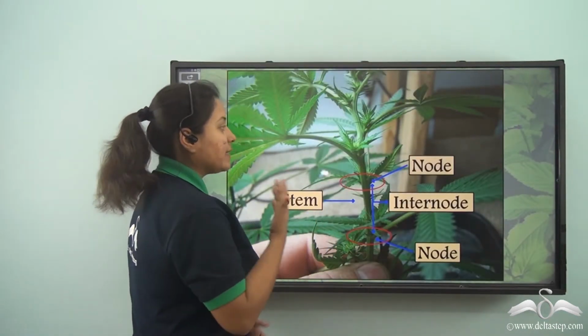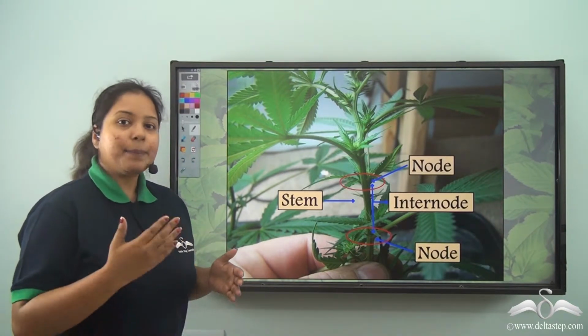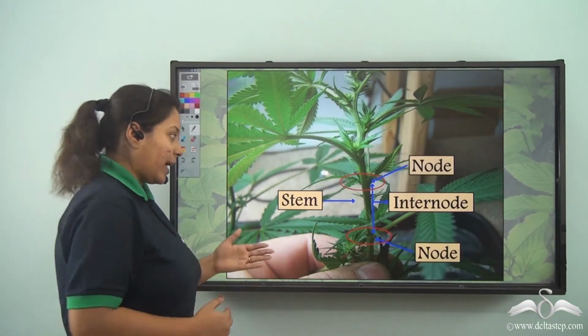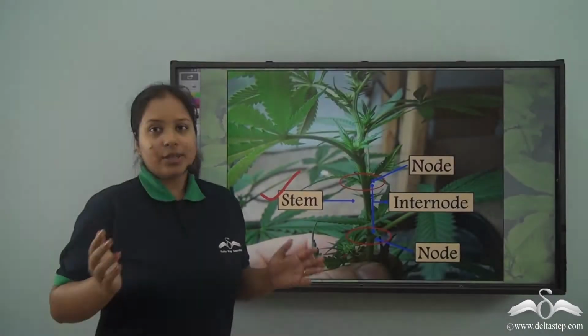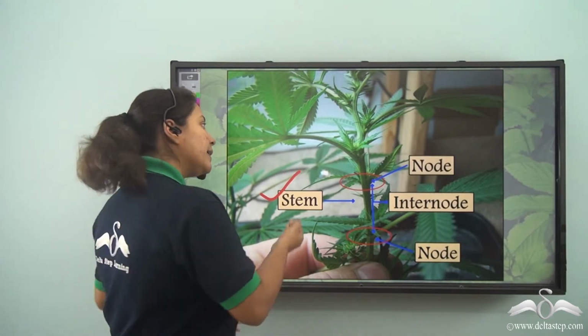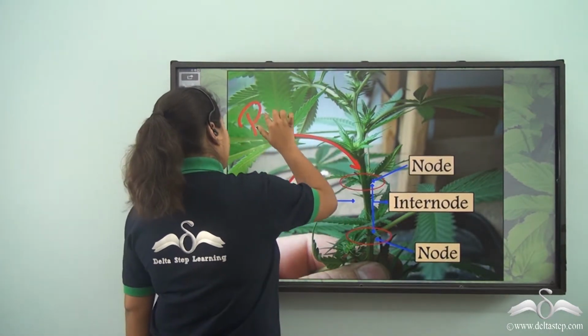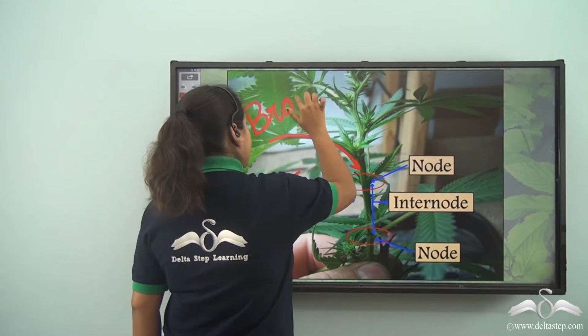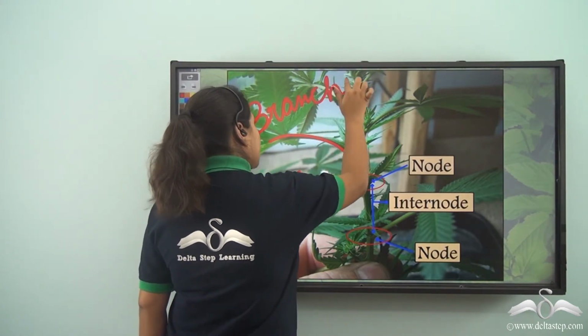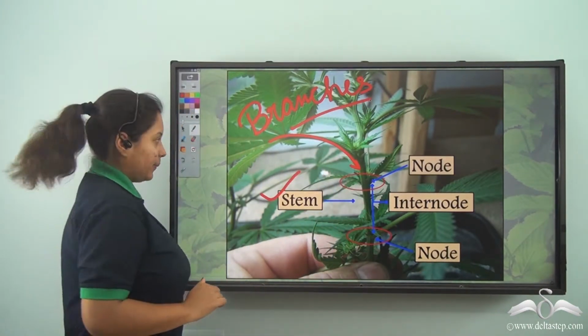So, let's revise. What did we learn today? Well, the main part of the plant is known as the stem. Just like we have hands which are attached to our body, similarly, there are branches which are attached to the stem. So, the branches are the hands of the plant.